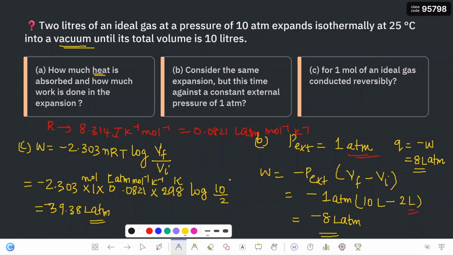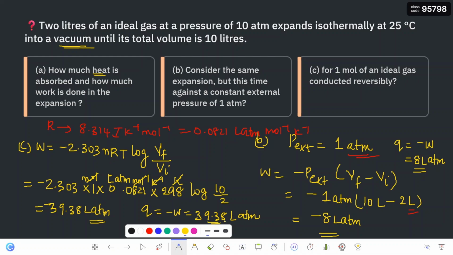Log of this value won't have any unit because Vf and Vi will cancel, and since it's logarithmic it won't have any unit. So Kelvin inverse and Kelvin will cancel each other, mole and mole inverse will cancel each other. So work will have the unit of minus liter atmosphere. Okay, so Q will be equal to minus W, that will be equal to 39.38 liter atmosphere.